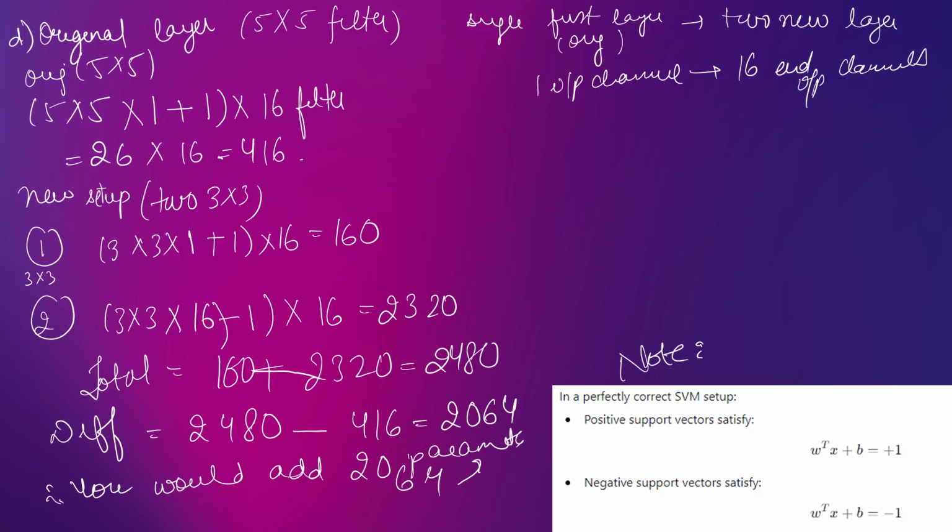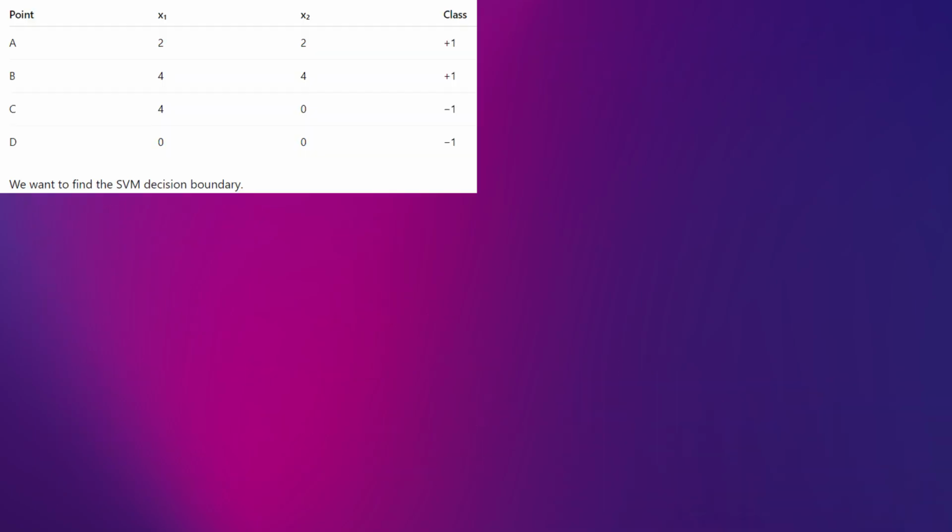When we see a perfectly correct SVM setup, your positive support vectors satisfy the equation W transpose X plus B is equal to +1, and negative support vectors satisfy equal to -1. Now this is the last question on SVM.